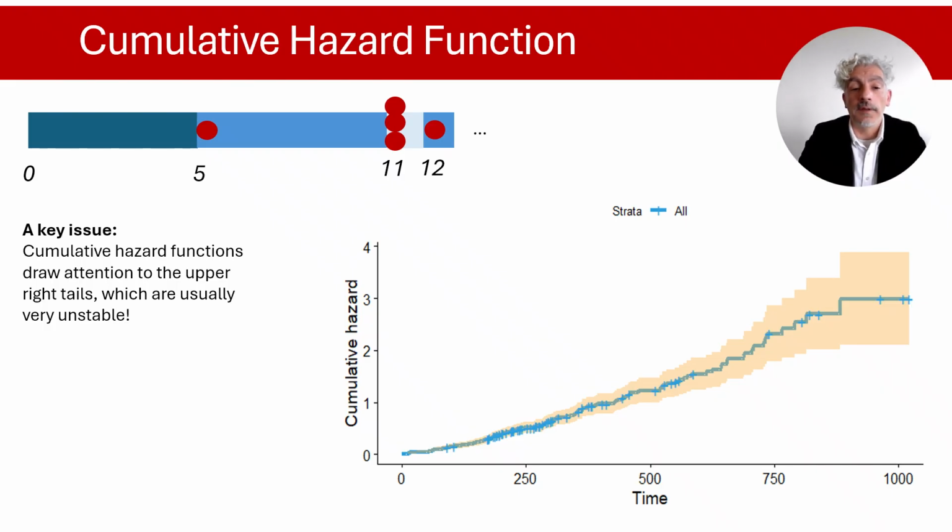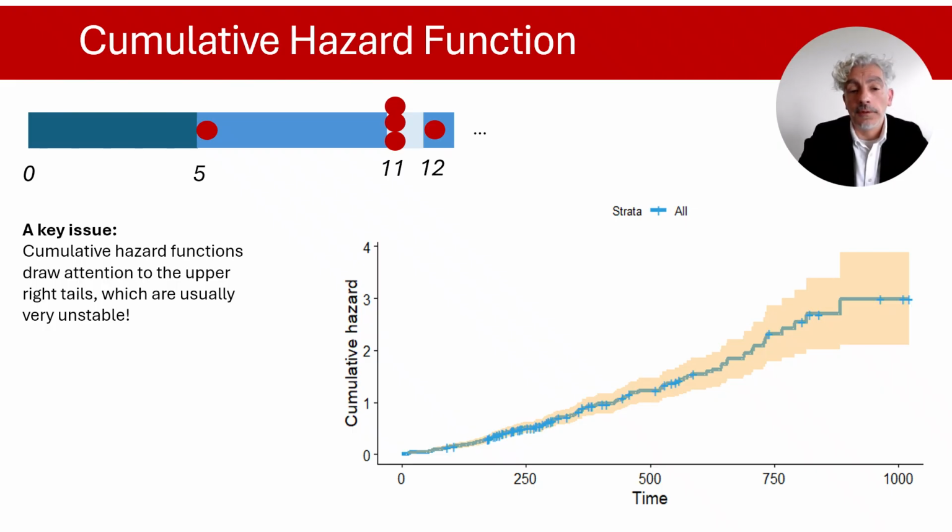Here you can see that the confidence intervals indicate greater uncertainty in the estimates on the right side of the graph. As more people die or leave the study and are therefore censored, the cumulative hazard function tends to be based on a smaller risk set. So the estimates become more unstable and more erratic.